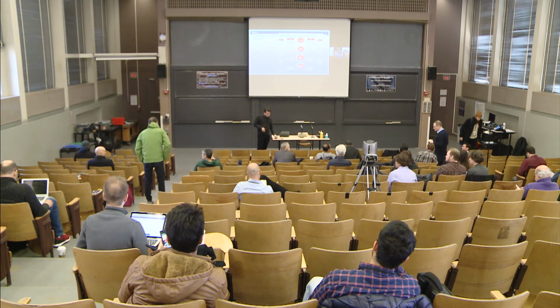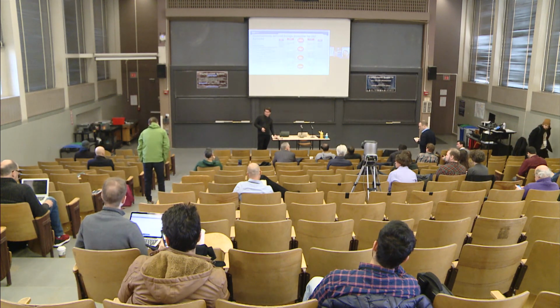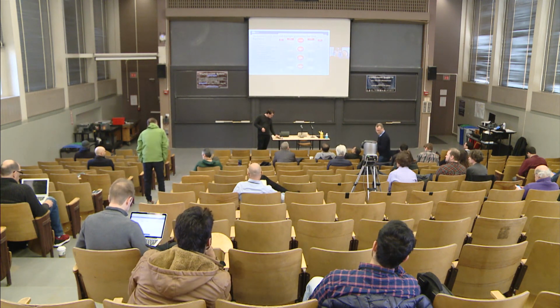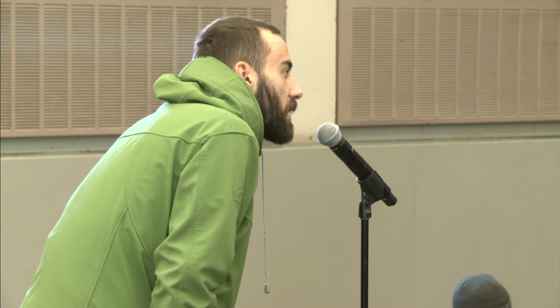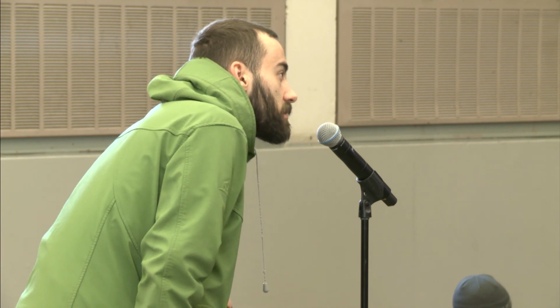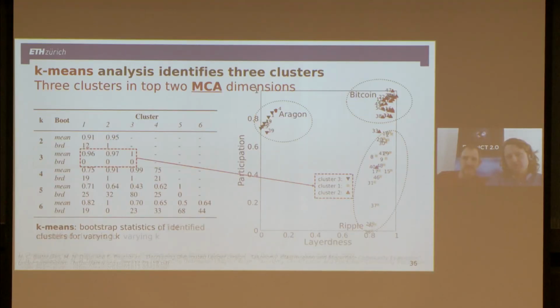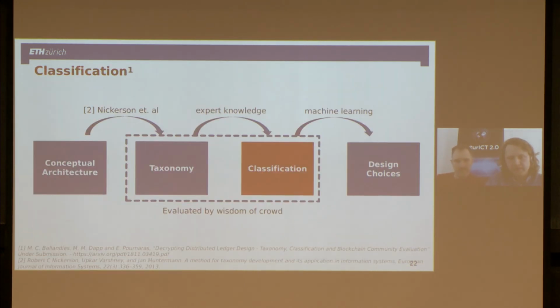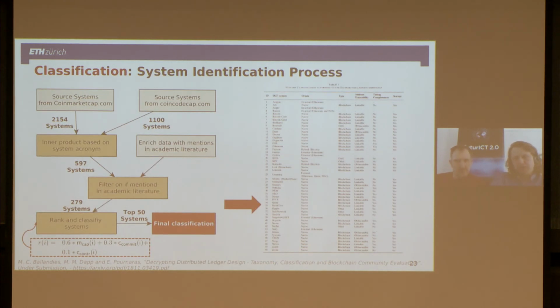Hey, thanks, guys. Great talk. Great presentation. I missed the beginning, so you might have covered this, but what was the data source, and how much of it was handcrafted, or how many transformations did you have to do? Yes, so the data sources. We identified the systems by the system identification process. And then we classified them ourselves.